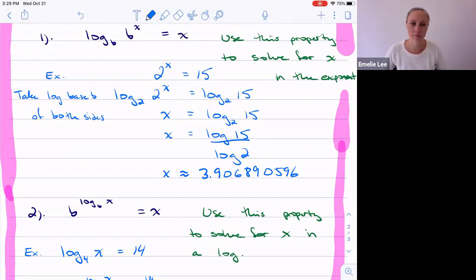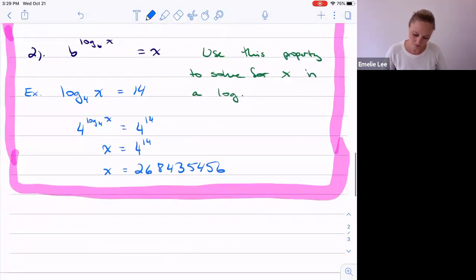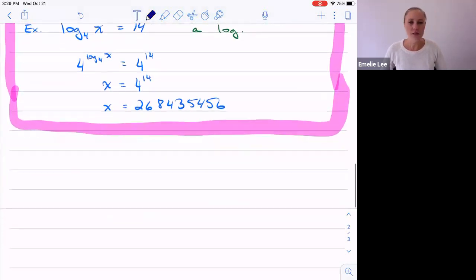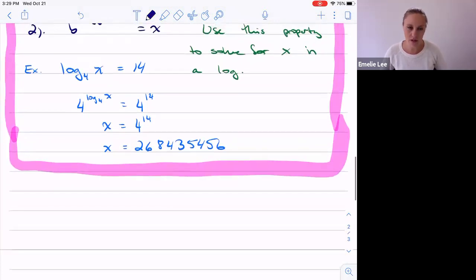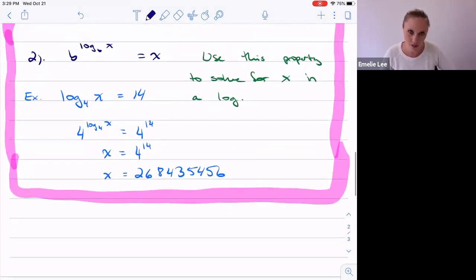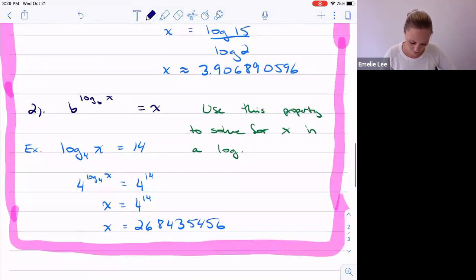As an example, there's also, oh yeah, the log base 4, so the 4 to the power of this one here. These guys cancel out because of this fundamental property.